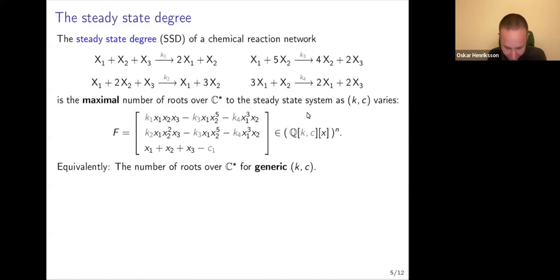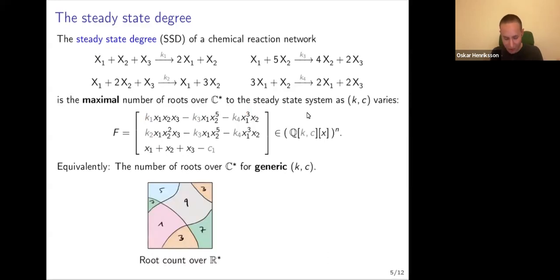Okay, and the reason that this works is somehow that over the complex numbers things are much easier than over the real numbers. Over the real numbers, parameter space, so this would be the space of the k's and c's, is partitioned into different cells where you have different numbers of roots in different cells. And there is a discriminant that divides parameter space into these cells.